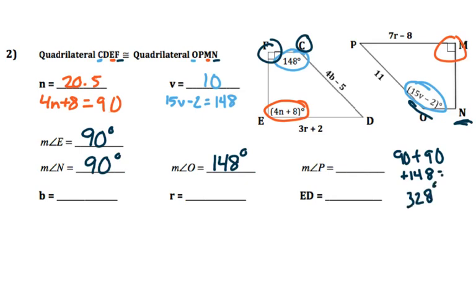Since we have a quadrilateral, the sum of the angles is 360 degrees. So we're going to take 360, subtract the 328, and we get 32. So that means that the measurement of angle P is 32 degrees.